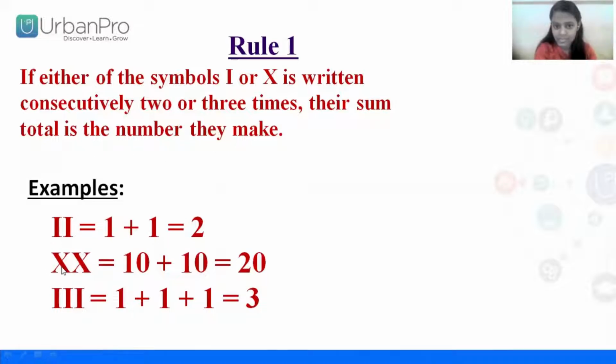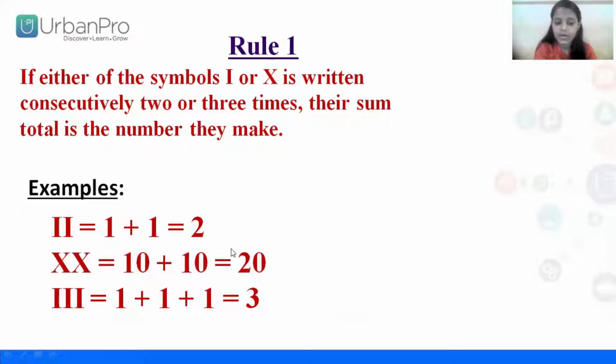Here I have given a few examples. You can see I have written 2 I's here, I and I. We know the value of I is 1, so 1 plus 1 gives 2. So the Roman numeral for the number 2 is 2 I's. In the same way, for the second one, I have written 2 X's. The X value is 10, so 10 plus 10 is equal to 20.